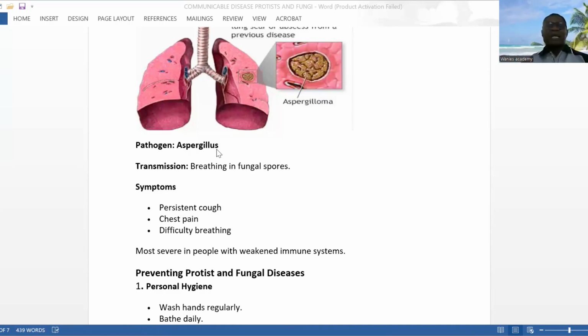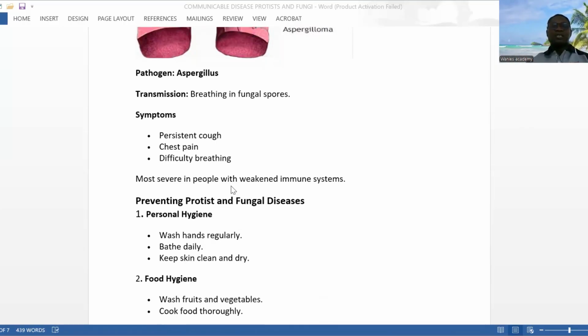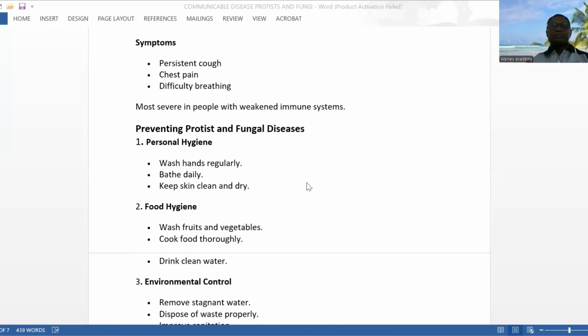Don't forget, I said earlier that fungi spread basically by sporulation. The symptoms of aspergillosis are a persistent cough, because it is a lung disease, chest pain, and difficulty in breathing.